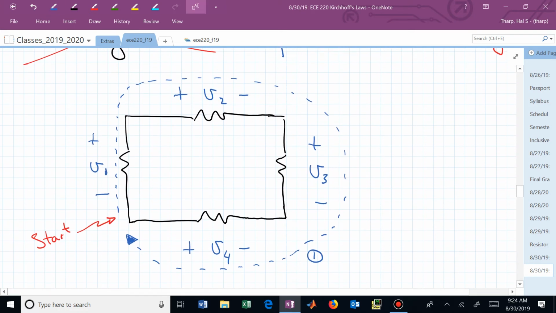What voltages drop as I move around in this clockwise progression around path 1? Which of these labels indicate a drop relative to the path that I'm traversing? What labels correspond to voltage drops? V2 and V3. Is that clear? So I fall down as I go through V2 and V3. Those are drops.